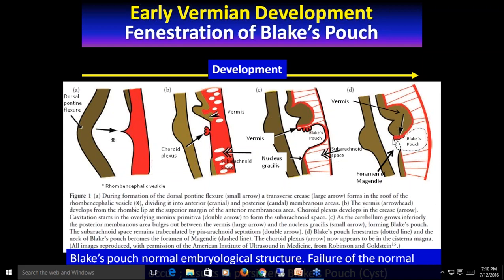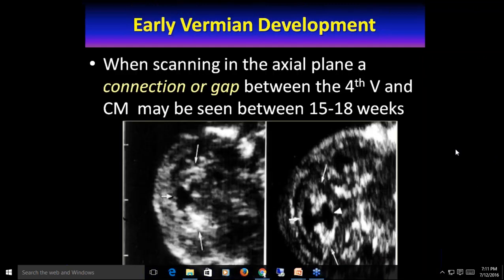With further development, the outpouching into the subarachnoid space fenestrates, and the neck becomes the area of the foramen of Magendie. So Blake's pouch, as shown here, is a normal embryological structure that needs to undergo fenestration. Failure is a pathology. So now let's look at some ultrasounds.